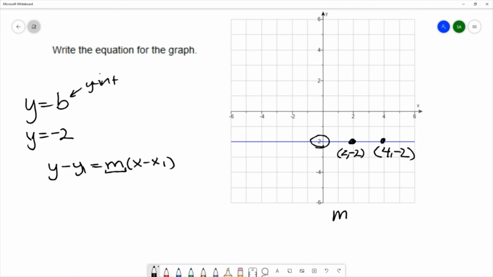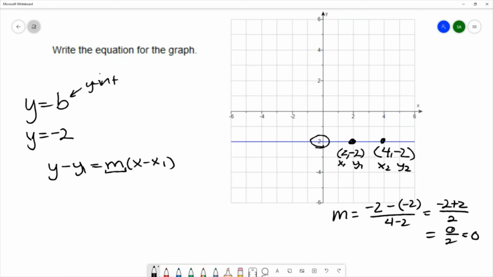You could calculate the slope by letting one point be x1, y1, and the other one be x2, y2. That would give you -2 minus -2 over 4 minus 2. -2 minus -2 is -2 plus 2 over 2. -2 plus 2 is 0. So you can see that this line has a slope of 0.